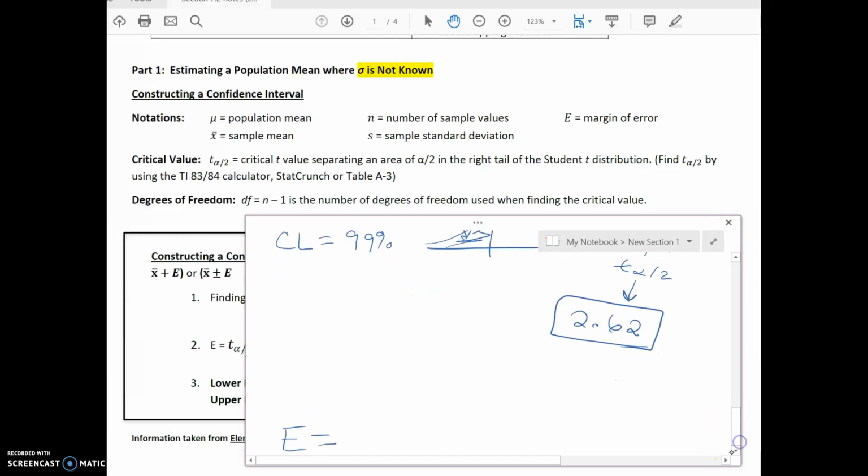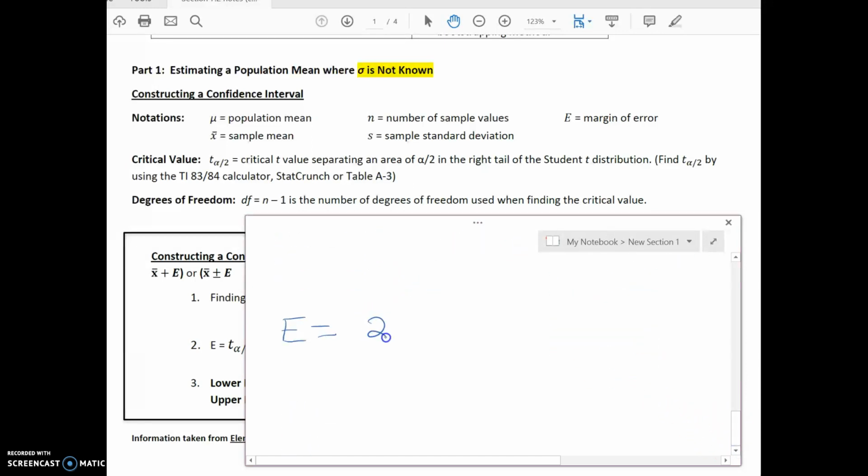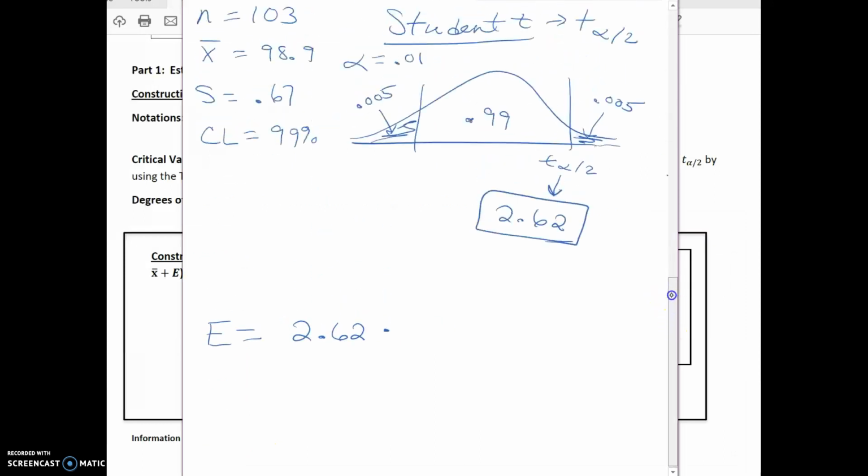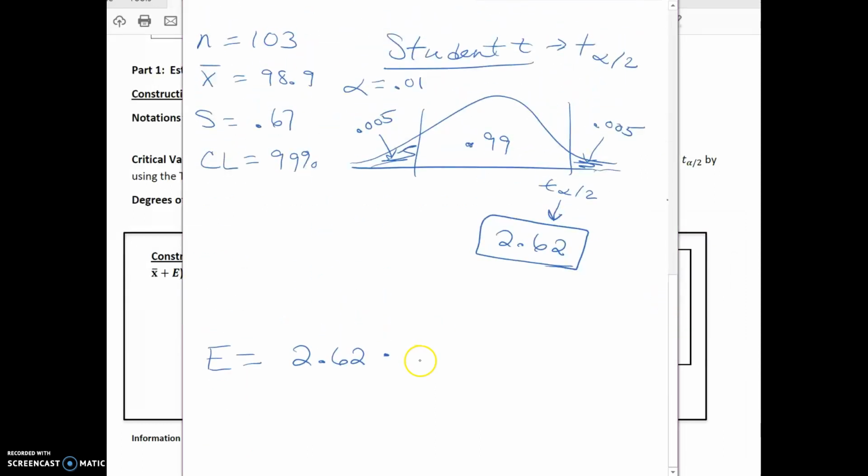We had 2.62 times your standard deviation, which in this case was 0.67, and then divided by the square root of N, so the square root of 103. You're going to punch that in your calculator.